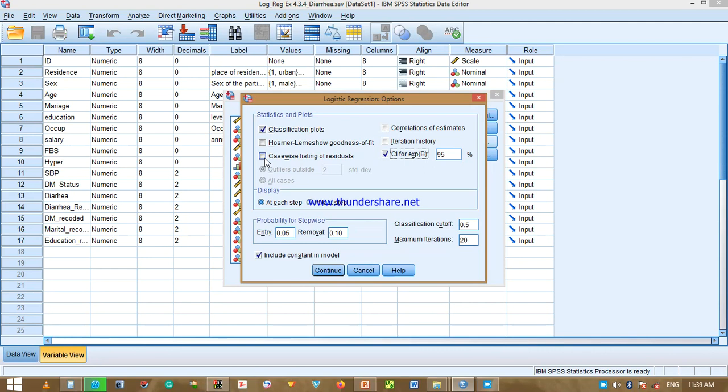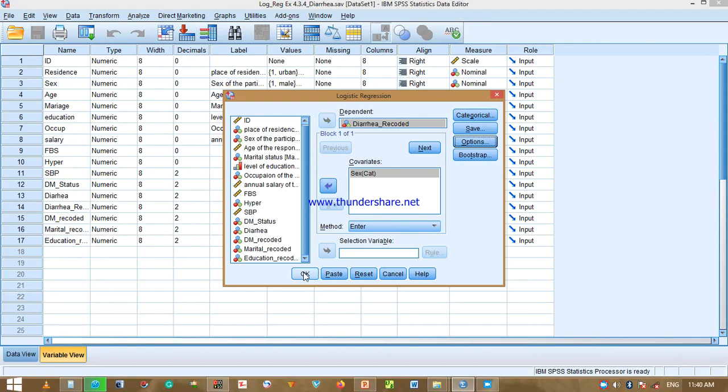You can also choose a casewise listing if you suspect outliers, and you can also exclude outliers by putting a cutoff point, which is 2 in terms of standard deviation. In terms of z-score, it is 1.96. Therefore, this is 2 standard deviations. Let us keep the default as is. Now we are done, and then we use the enter method, which is a forced or a standard method, to address this question.